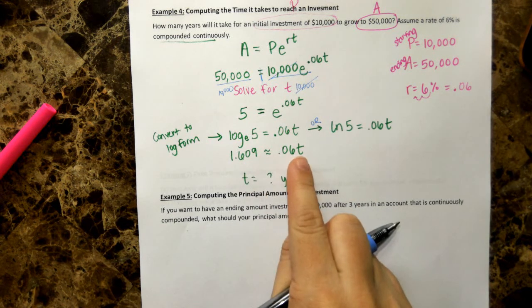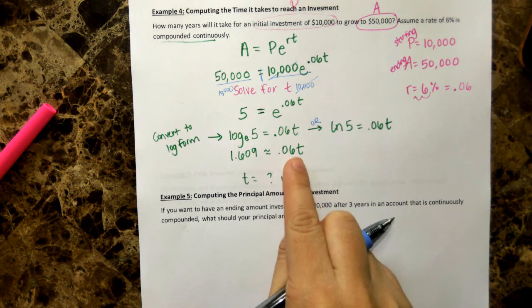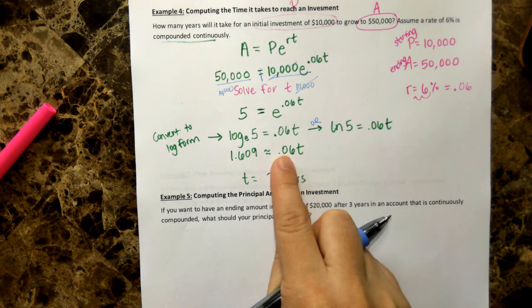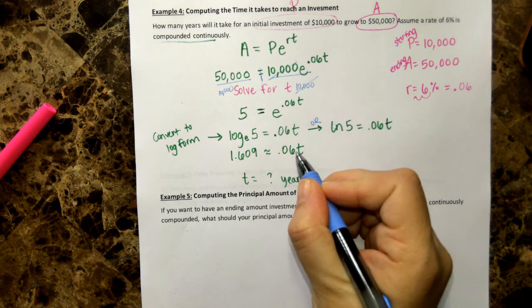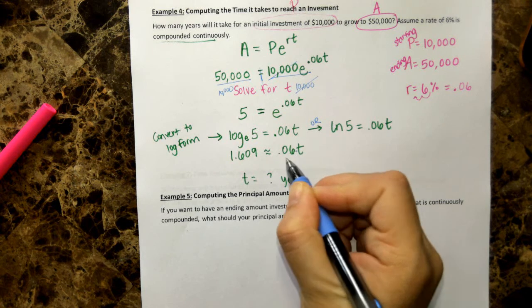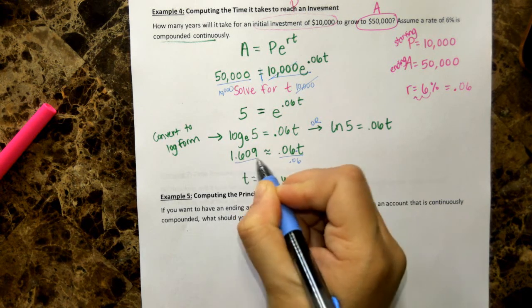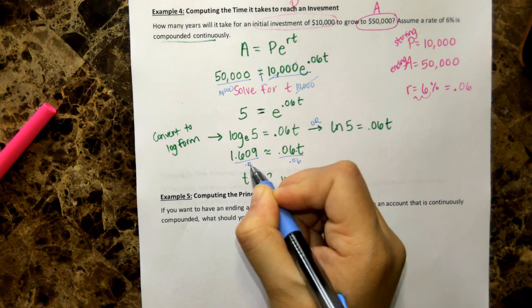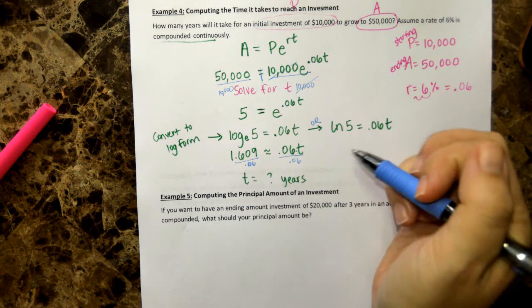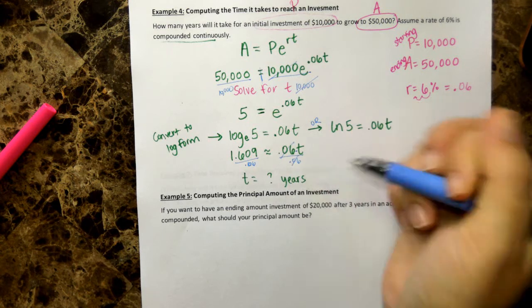Okay. And then lastly, we are trying to solve for t, so the only thing I have to do now is get rid of this 0.06. And the way I'm going to do that is these two things are being multiplied, so I'm just going to divide them. Divide both sides by 0.06, and 0.06 divided by itself will cancel out.